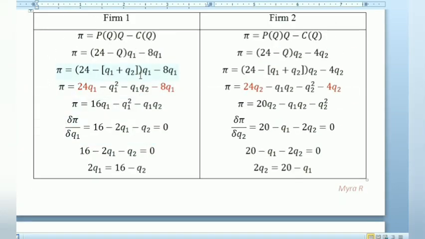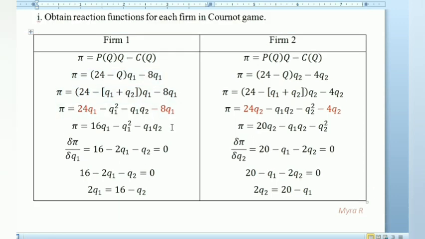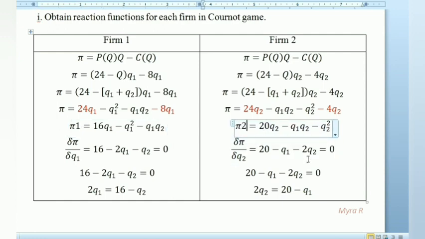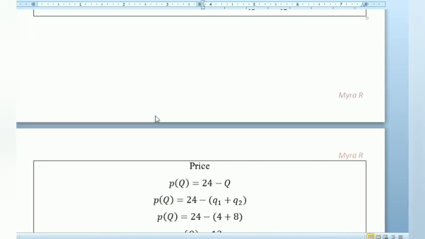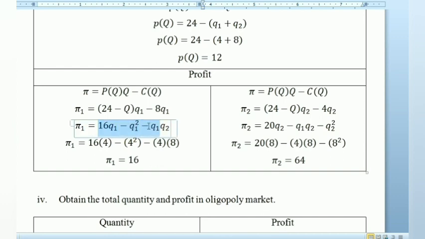They are 16 Q1 minus Q1 square minus Q1 Q2, and 20 Q2 minus Q1 Q2 minus Q2 square for firm 2. We rewrite the equations and substitute Q1 as 4 and Q2 as 8. Solving, the profit for firm 1 equals 16, and the profit for firm 2 equals 64.